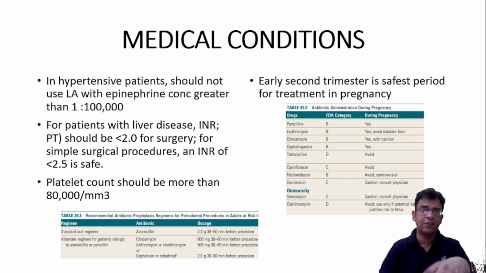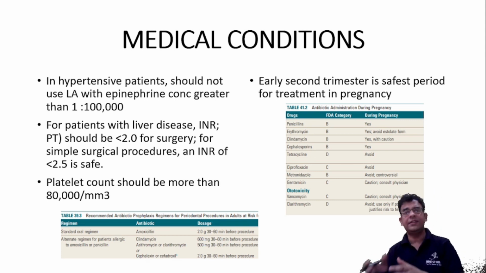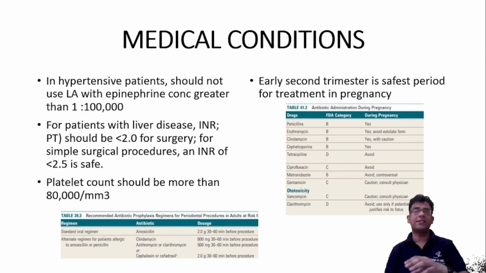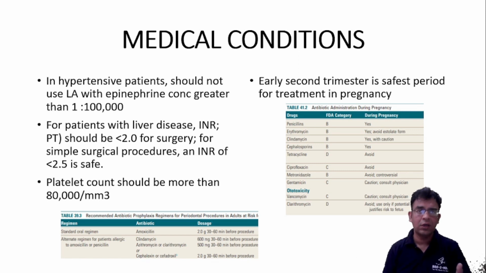Then in hypertensive patients, what anesthesia you can use, what is antibiotic prophylaxis, and how will you manage if a patient has an episode of something that occurs during your treatment, what drugs you will give, how will you manage. All those things are important.